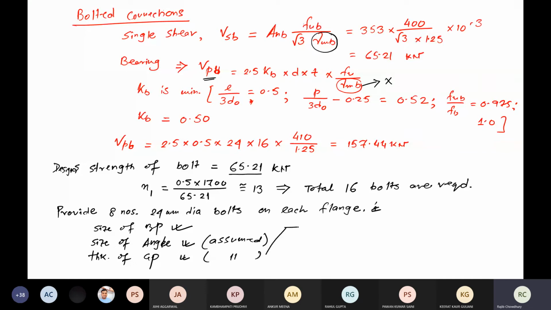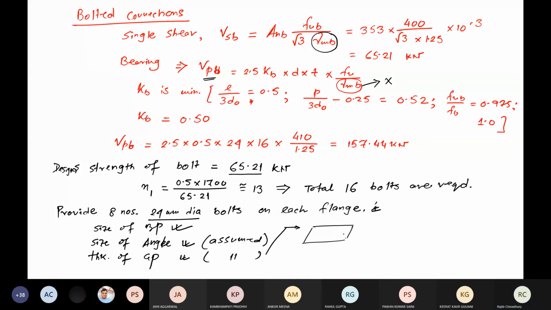What is the next thing, and how many bolts are required to make the connection? Now what is left is the size of this gusset plate.